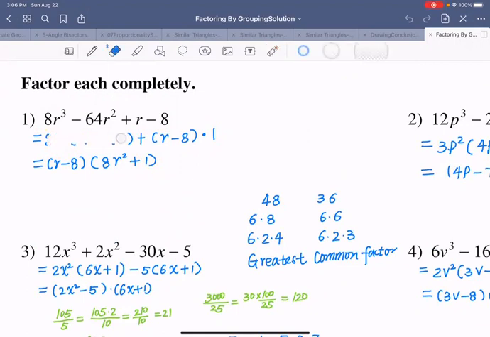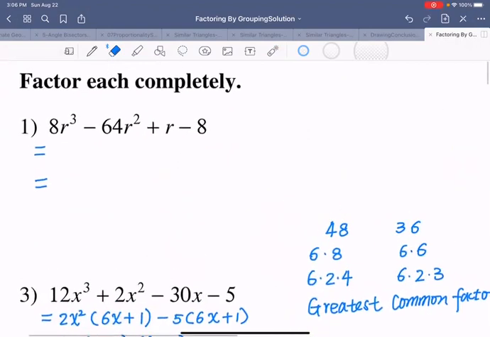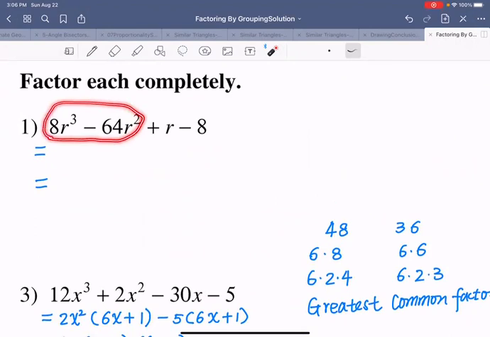The first one. Actually, let's do the first one together. All right, you see here. I want you to take a factor for the first two terms. Go ahead, please.